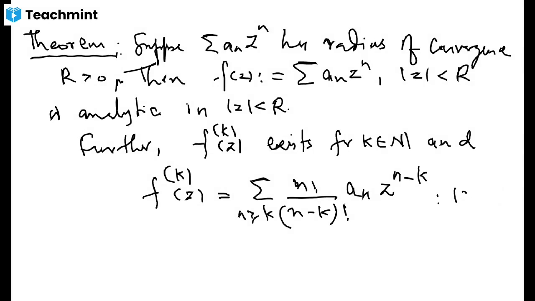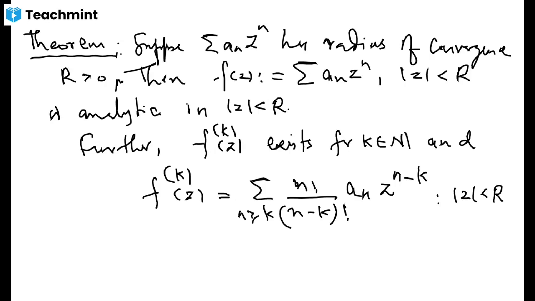How are you going to obtain this kth derivative of this function f(z), which is the limit of this power series? You will just differentiate this power series term by term. You just take the first derivative.